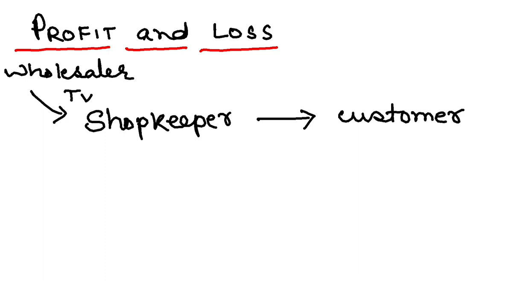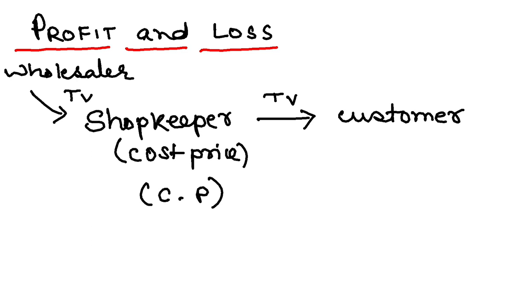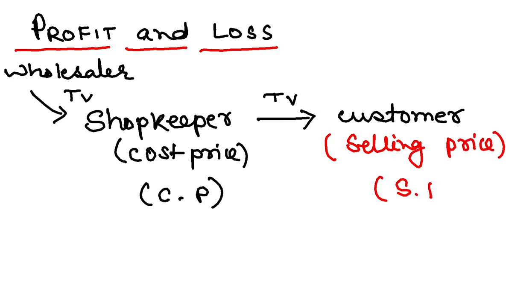The price at which he buys the TV from the wholesaler is called the cost price, or symbolically written as C.P. The price at which he sells the TV to the customer is called the selling price, symbolically S.P. Cost price CP, selling price SP.